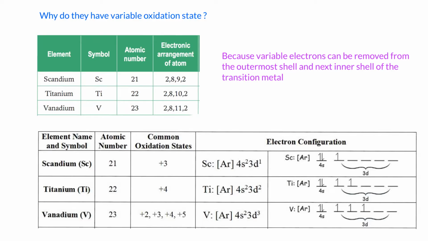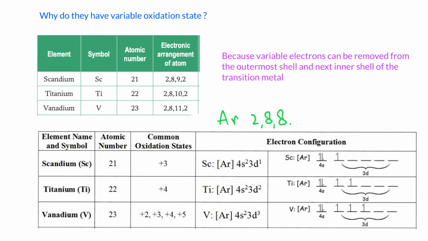The real reason is actually too complicated for you, but we'll just simplify it. You can have a look at scandium, titanium, and vanadium. Right now, you can see that the electronic arrangement is 2,8,9,2 or 2,8,11,2. Actually, we can express this in another way. Think about argon. Argon is 2,8,8, is that right?